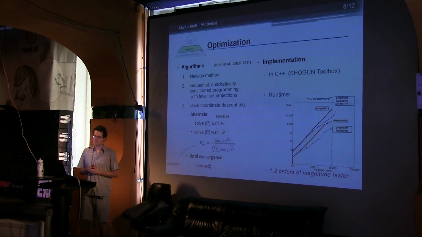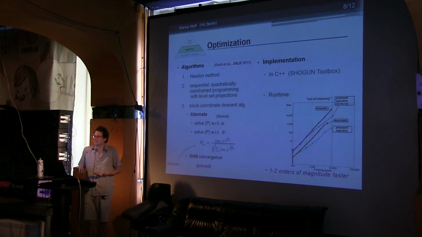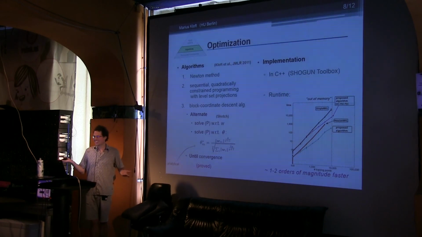The question was whether the speed up comes mainly from the C implementation or from the algorithm. Of course, most of the speed up in the end comes from the implementation, because it's incredibly efficient to implement stuff in Shogun. So it's not about the algorithm; it's really about the toolbox.